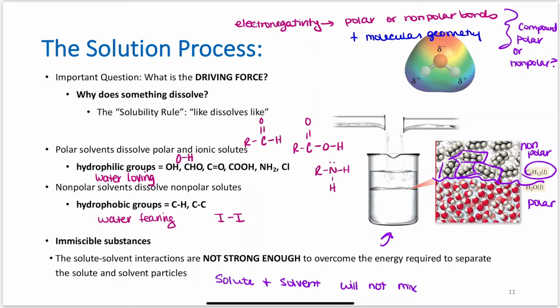So I have to break apart all those hydrogen bonds as well, and then have an IMF take over between that pentane and that water that's stronger and can overcome the energy required to break them apart from their individual species to form that solution. That doesn't always happen. And if it doesn't, the solute-solvent interactions are not strong enough to overcome the energy required to completely separate the solute and solvent particles.